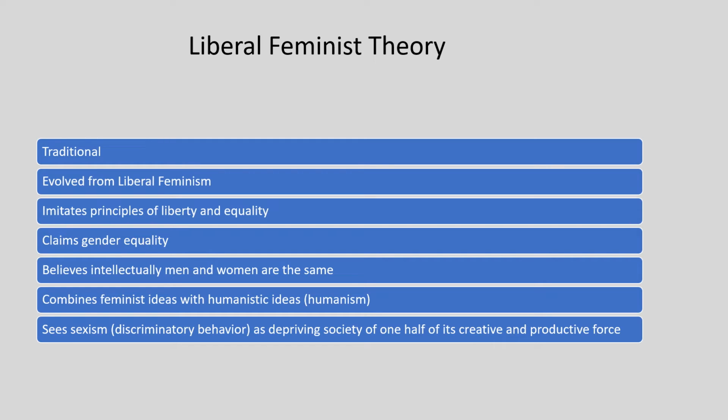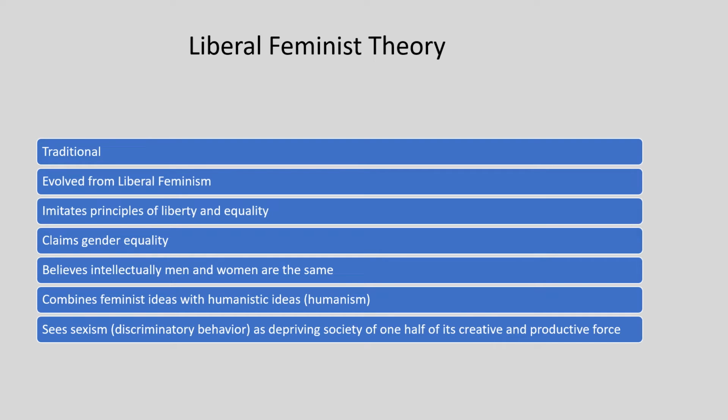to pursue that flourishing. So it sees sexism or discriminatory behavior as depriving society of one half of its creative force. It's almost as though the problem with sexism is a loss of productivity, that you're making half of the population less educated, less productive, less able, less capable than they would otherwise be if they were given equal access to education, careers, and so on.